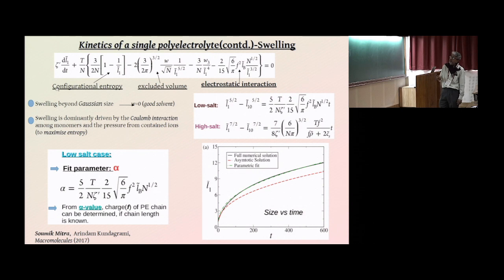One is the configurational entropy contribution of the polymer chain, and you have this excluded volume, which can incorporate the attractive interaction of the monomers as well, hydrophobicity encapsulated within the excluded volume parameter, a three-body term to theoretically prevent complete collapse, and there is this charge-charge interaction.